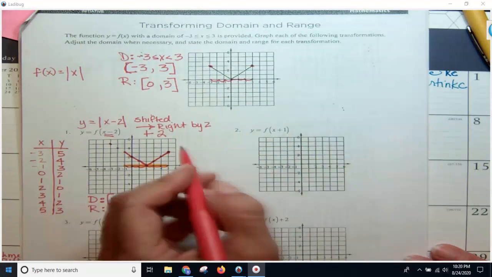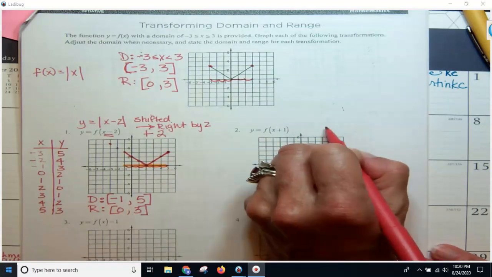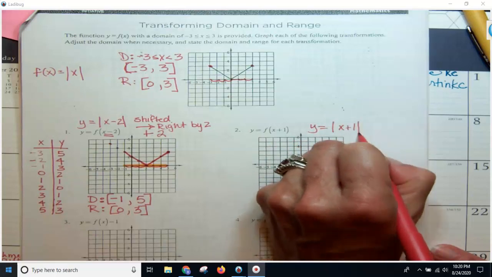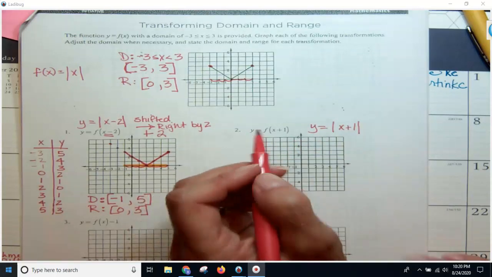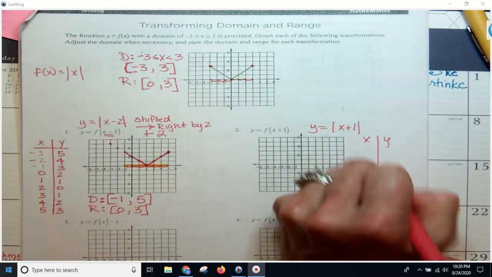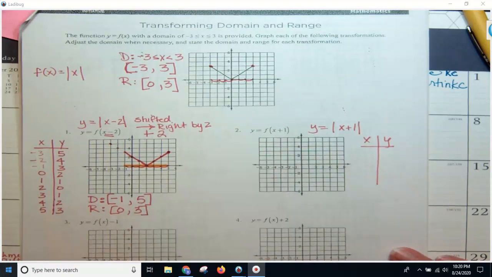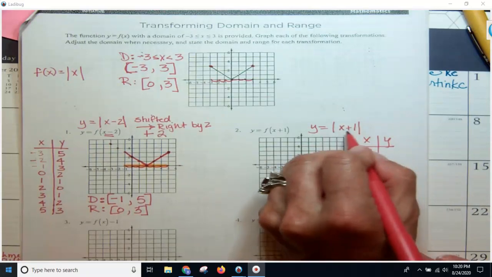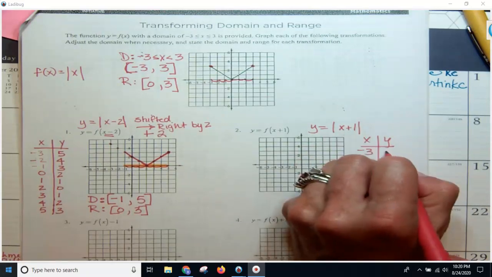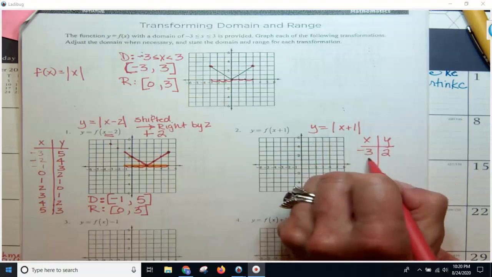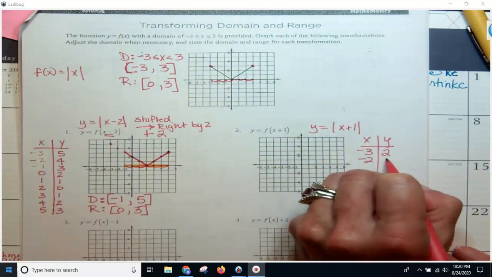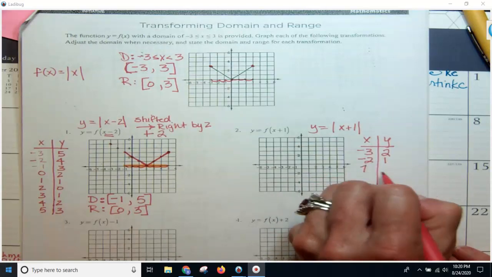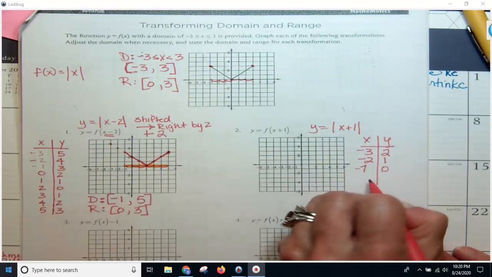So this is going to be y equals the absolute value of x plus 1. And we're going to create our table. I'm going to use -3, and that would give me -2, which then absolute value of that would be 2. -2 would be an absolute value of -1, which is 1. -1 would be 0.